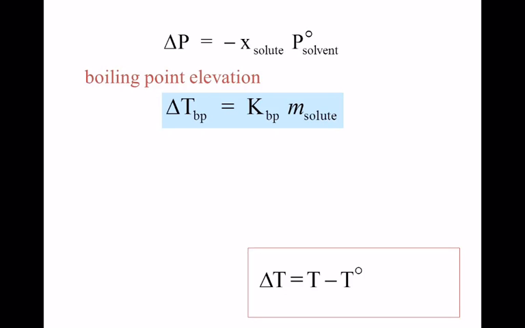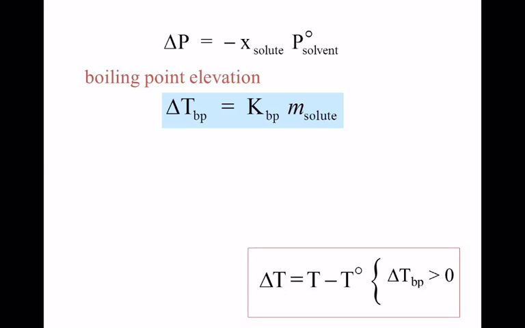So this would be the temperature at which it boils when it's been adulterated minus the temperature at which it boils in its pure state. Your delta T's for boiling point elevation are going to be positive, greater than 0.